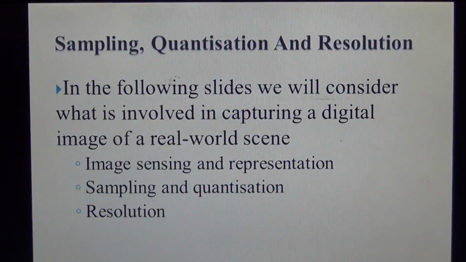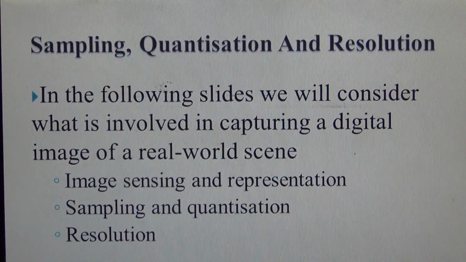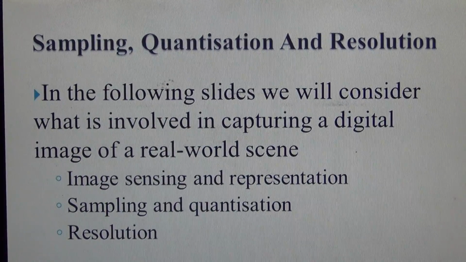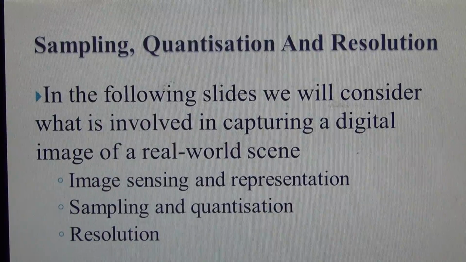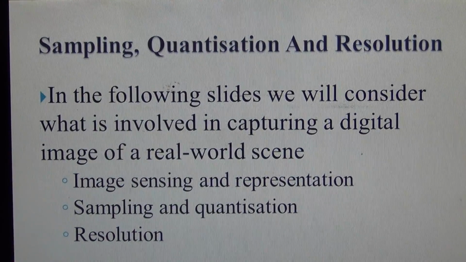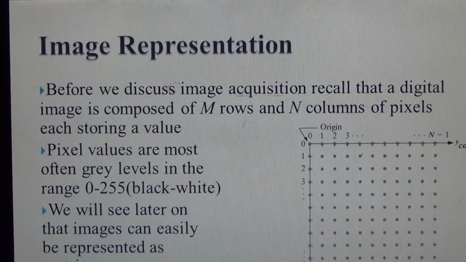So digitizing the coordinate values is known as sampling, while digitizing the amplitude values is called quantization. In the following slides we will consider what is involved in capturing a digital image, that is image sensing and representation, sampling and quantization, and then resolution.